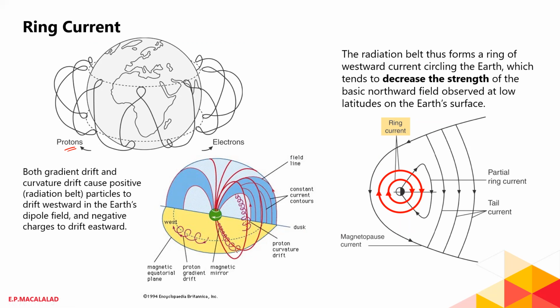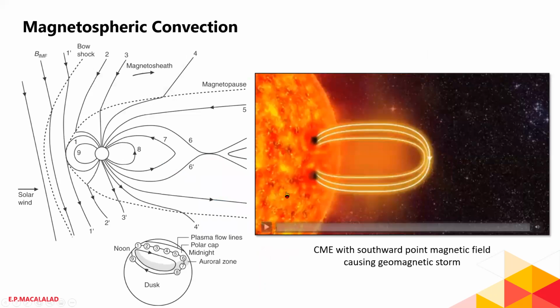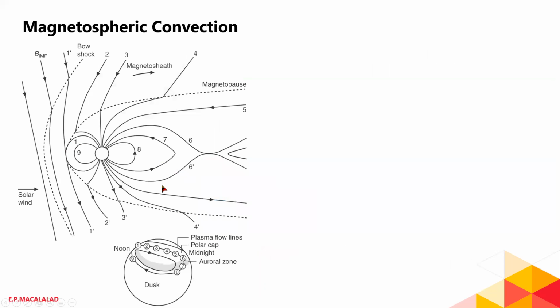Now, what happens when the solar wind interacts with the Earth's magnetic field? Let me go over this. As the solar wind flows past the magnetosphere, it exerts a tangential stress on the magnetopause boundary.